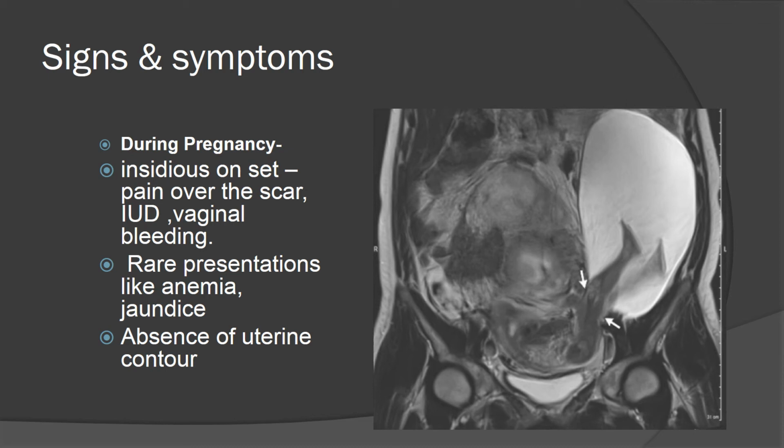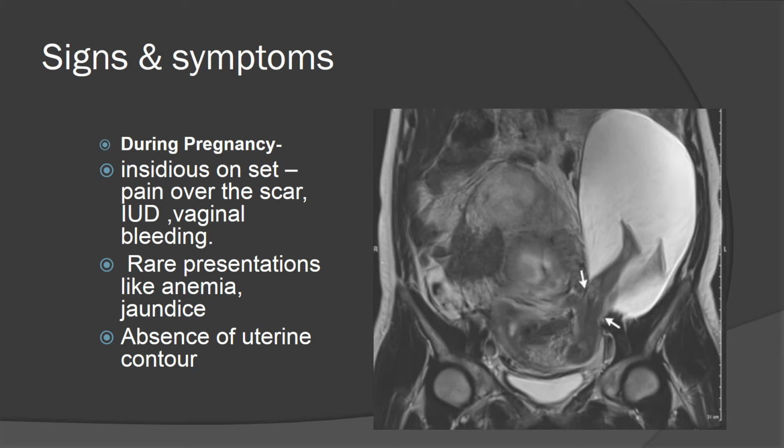Due to chronic bleeding, which may go undetected, she may rarely present with anemia, or due to the rupture there can be a hematoma which gets absorbed, and the patient may present with jaundice, even though that is a rare presentation.